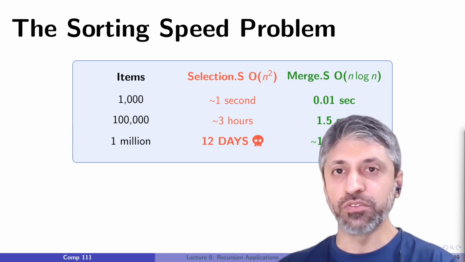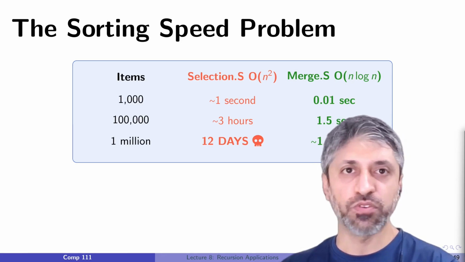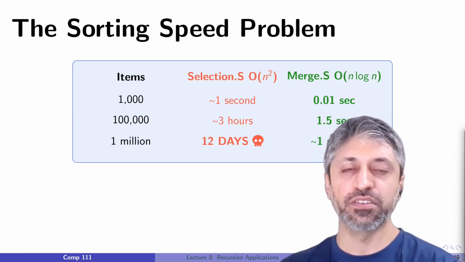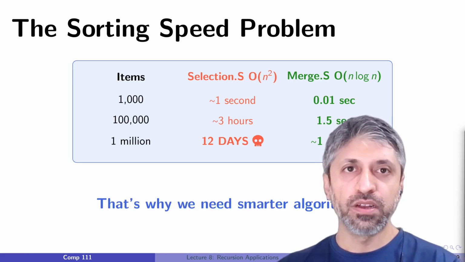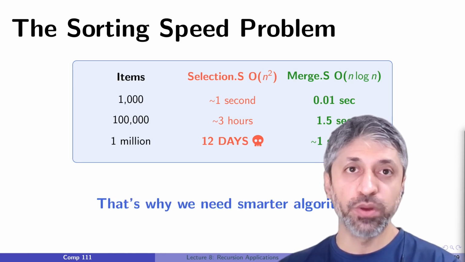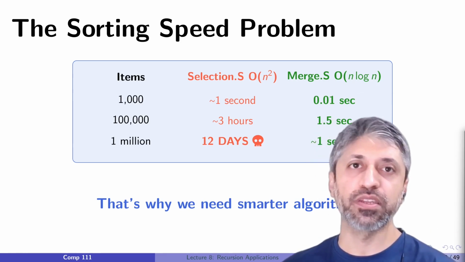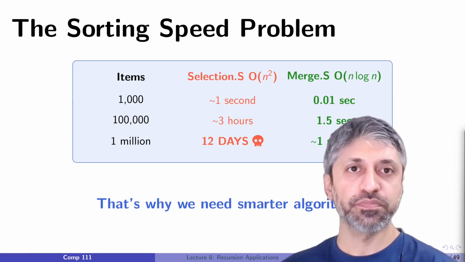The story goes beyond days. Selection sort takes 12 days, while merge sort handles it within a second. That's the kind of difference we are talking about, the difference between n squared and n log n running time, and exactly why we need smarter algorithms.